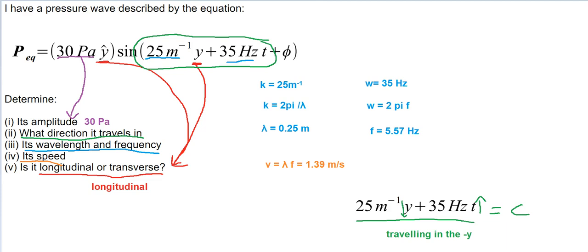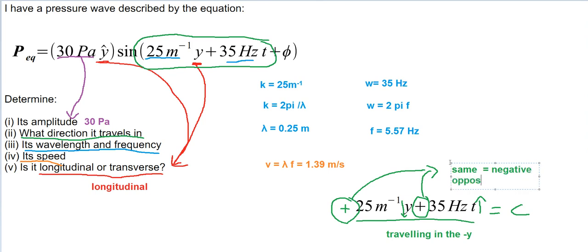Now, there is a bit of a shortcut to this. What you want to do is look at the signs of the two terms. So what you'll notice is both the signs of k and of omega are the same. They're both positive. If they're the same, you'll always be traveling in the negative direction.